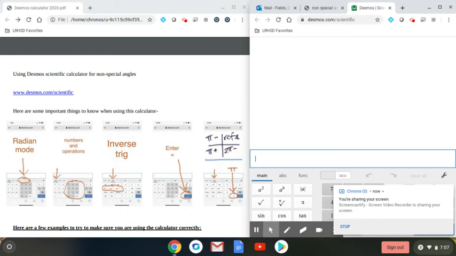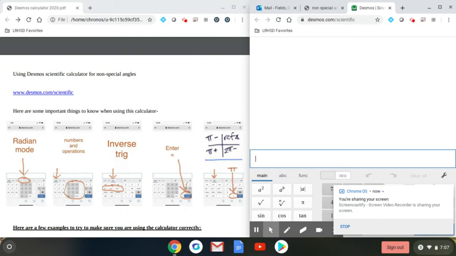What we're going to really focus on today is evaluating non-special angles in that backward situation, like we've been doing before.